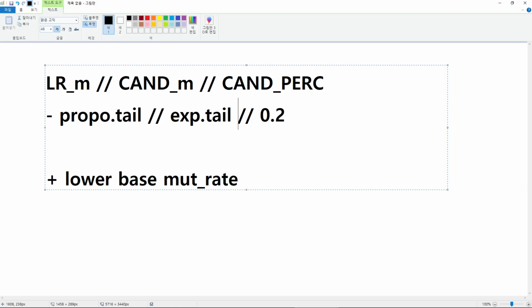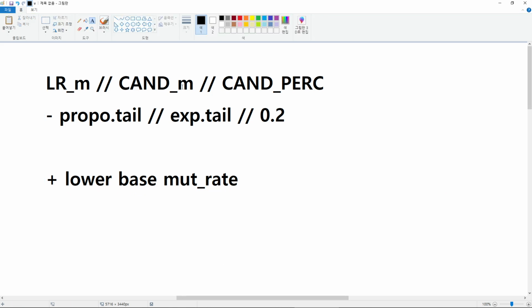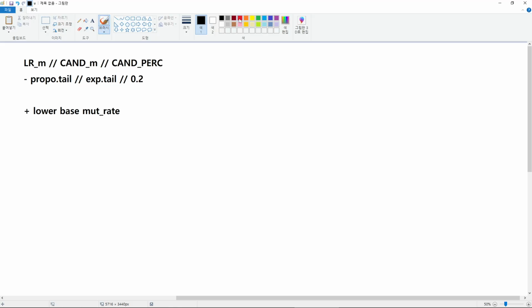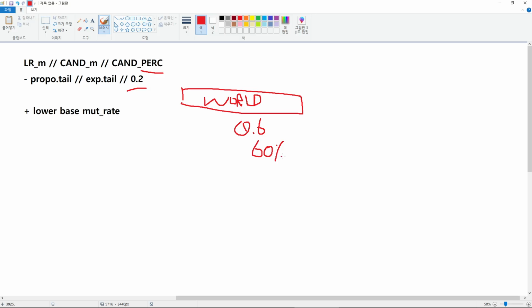But again, coming back to a higher candidate percentage value, if I have the world here, and if I, for example, have 0.6 or 60% of the entities learn, that means if I have 1000 entities, 600 entities will have to go through that process, which is a huge amount of additional computation that has to be done.